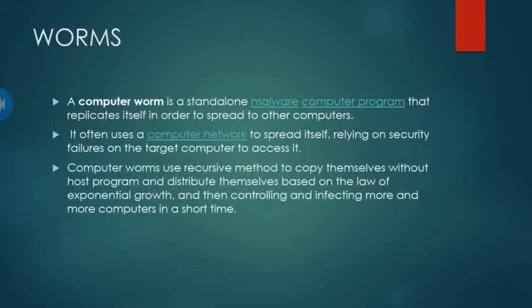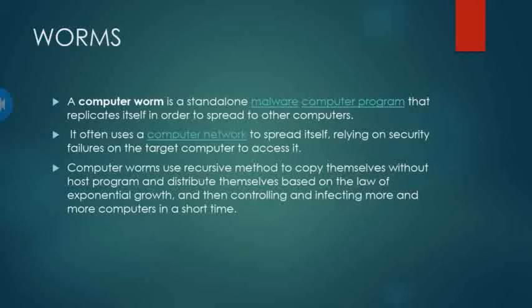Replicates means it can produce copies of itself to spread to other computers. So a worm is a totally independent program which can produce its copies to infect other computers. It often uses a computer network to spread itself.